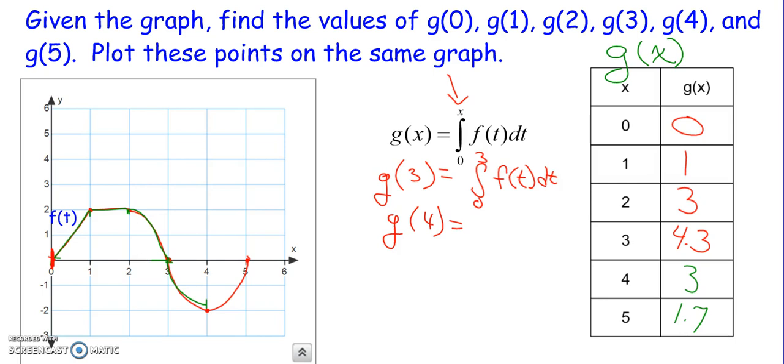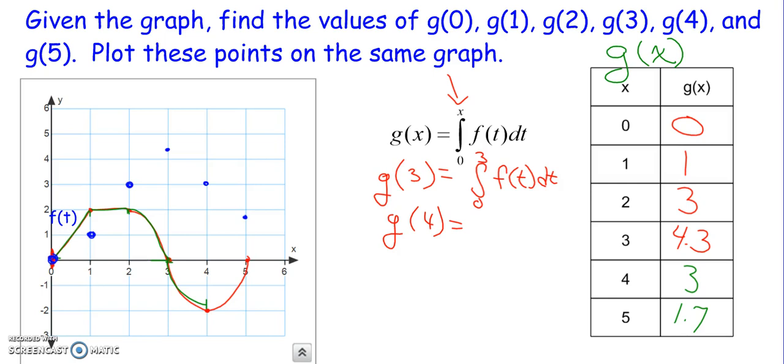I will use blue for this color. I know 0, 0 is on this axis. I know 1, 1 is on g of x. 2, 3. We got 3 comma 4.3. 4 comma 3. 5 comma 1.7.